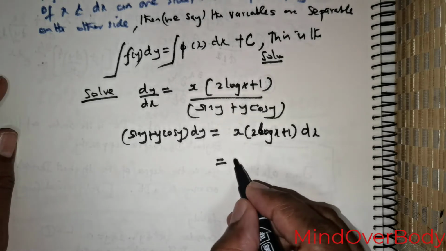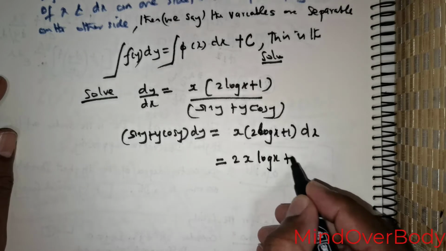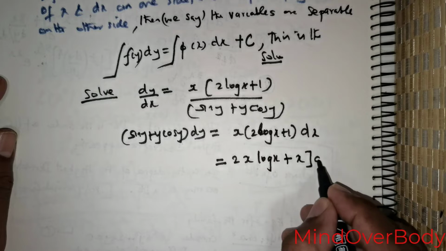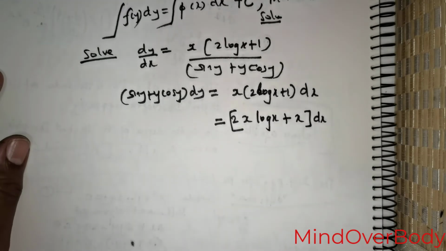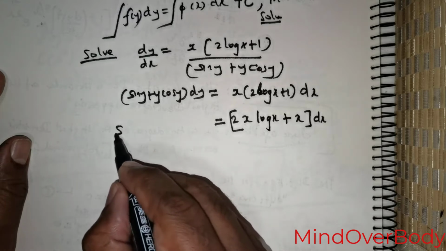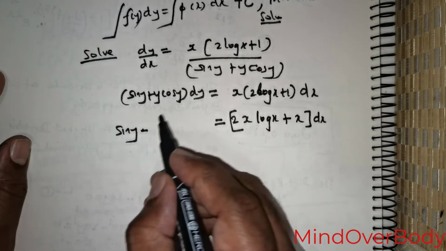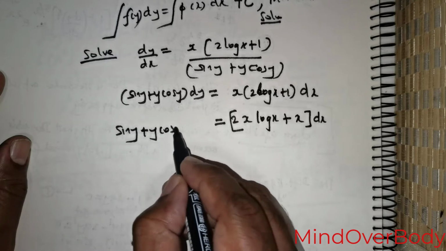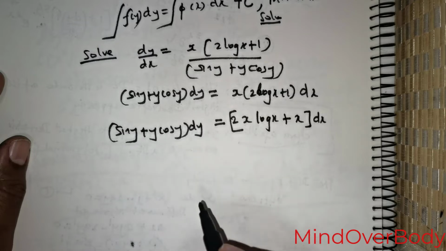I'm going to rewrite this as (2 times x times log x plus x) dx there. On the left side I can write this as, let me just have one more step, (sin y plus y times cos y) times dy.